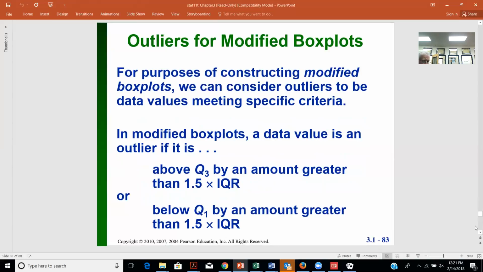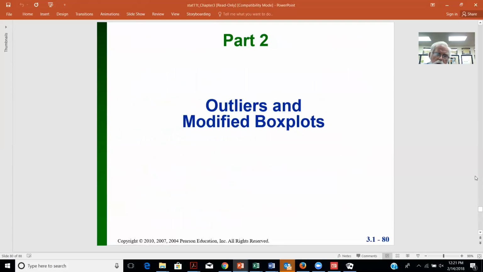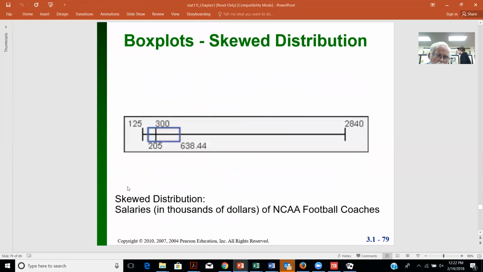So if we go back to the football coaches, the interquartile range is 205 to 638. So the interquartile range is 433.44. Well, the difference here, 433, the interquartile range, we look at the difference here between 6840, it's nearly $2.2 million.